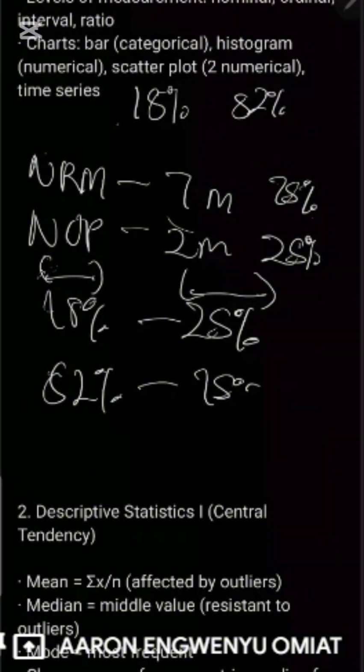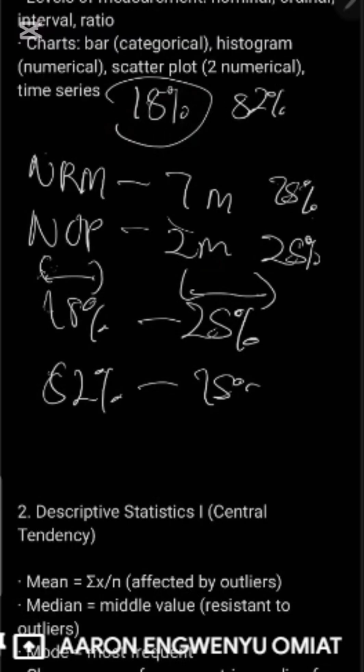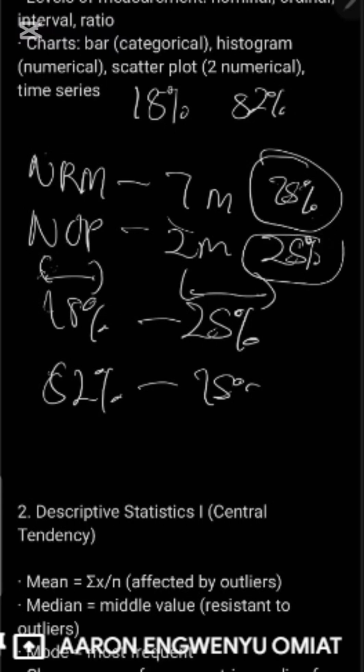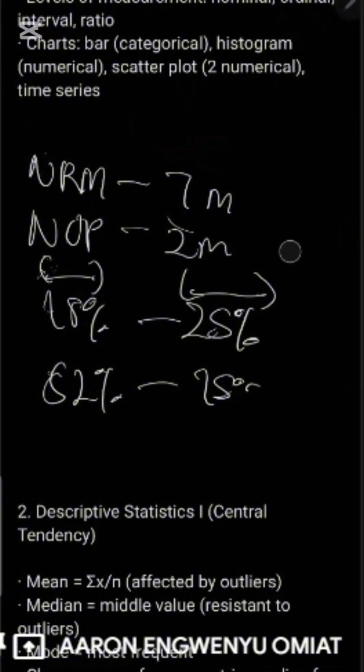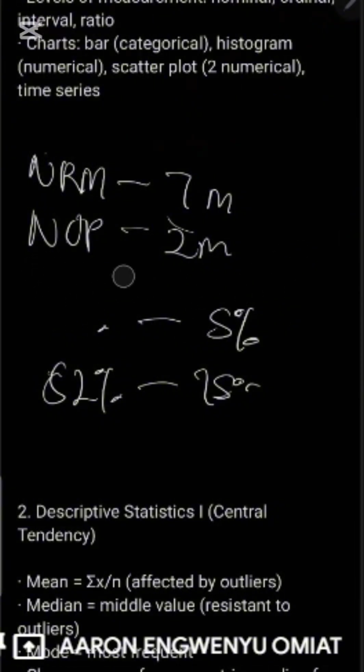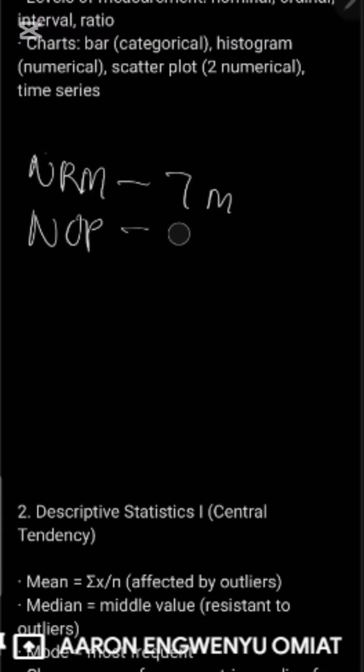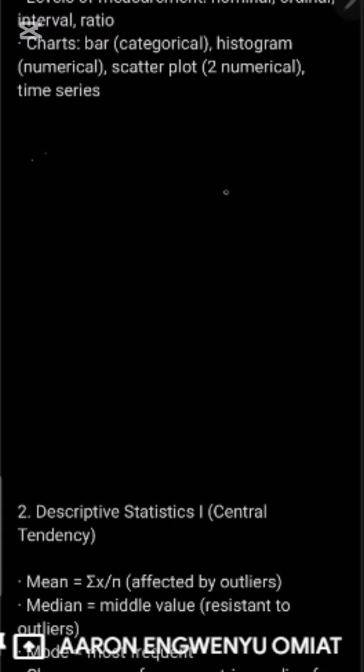For example, saying that 80% of districts prefer NUP to NRM, or say NRM is leading by 82% in terms of district preference. But that is not the actual votes. When we went to the polling station, NRM was taking 75% and NUP 25%. So statistics is actually a form of communication, and sometimes people can exploit it to try to mislead the attention of the people.